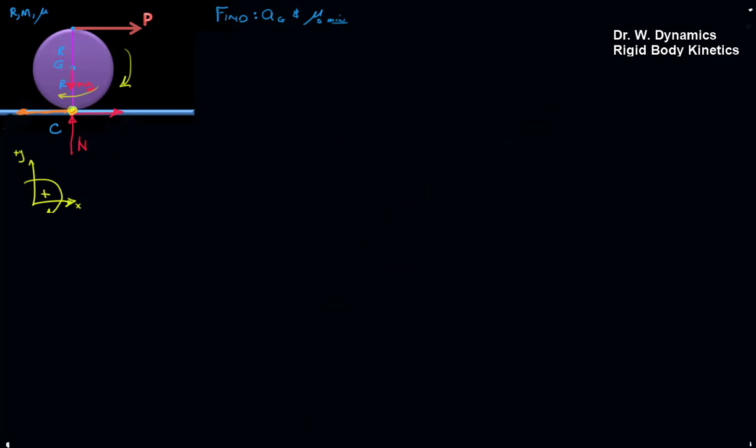For the last case, let's assume that there's a mu k and that it is slipping. And let's find a sub G while slipping. All right, if it's slipping, I'm going to guess that the friction's acting forward. We still have this direction for our alpha, so we'll stick with this convention down here.